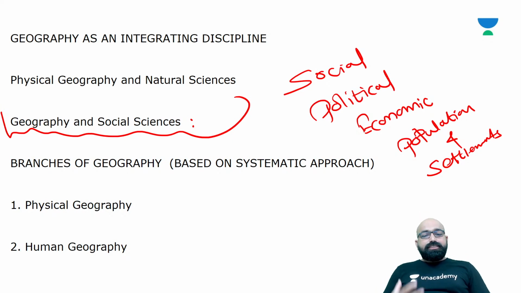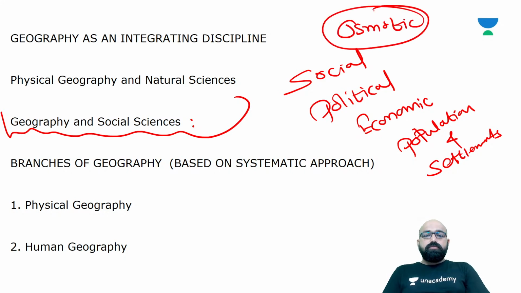Now, friends, the discussion shows that geography has a strong interface with natural and social sciences. It follows its own methodology to study, which makes it distinct from others. So it has an osmotic relationship with other disciplines.